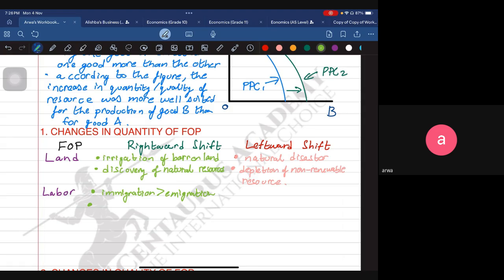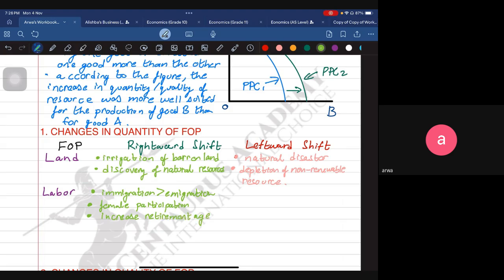If there is a positive attitude towards the working woman, that could increase the labor, because all over the world the female population is more than the male population. So female participation can also be added. What about if you increase the working age, the retirement age? Then it will increase it. Okay, great.